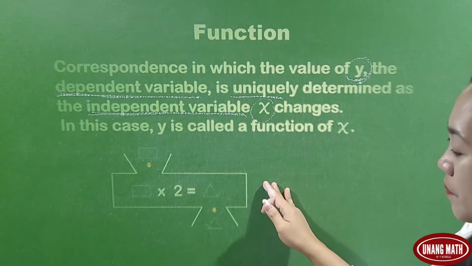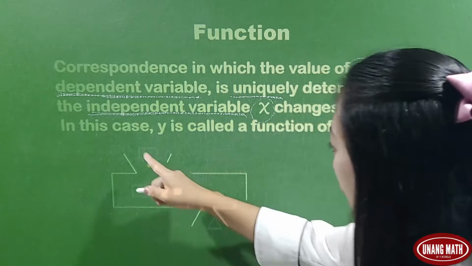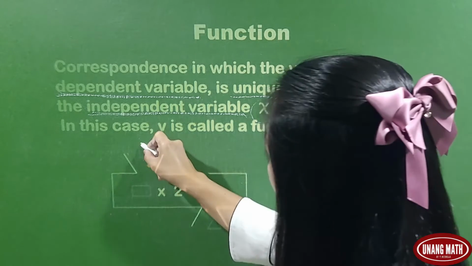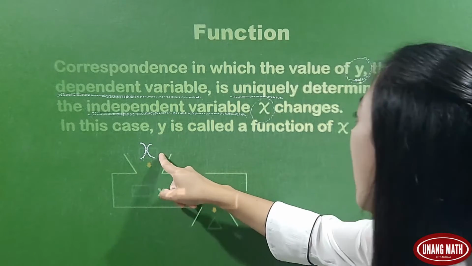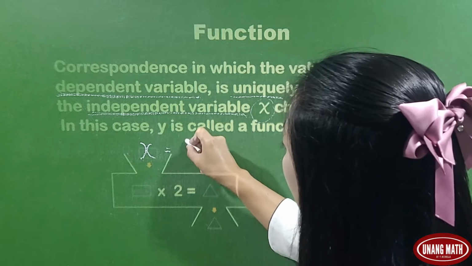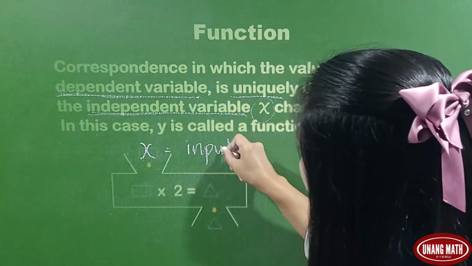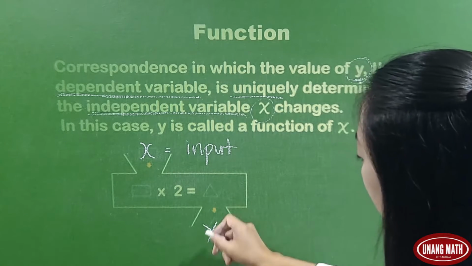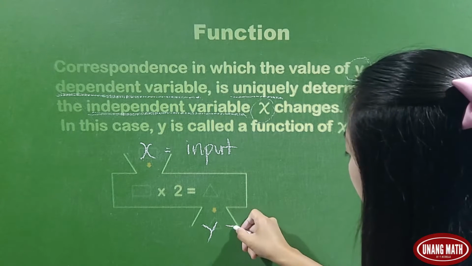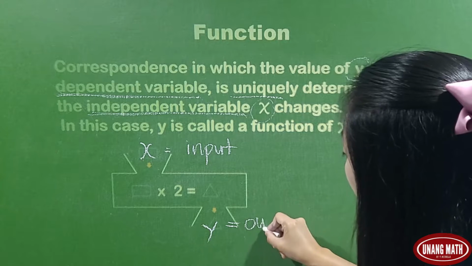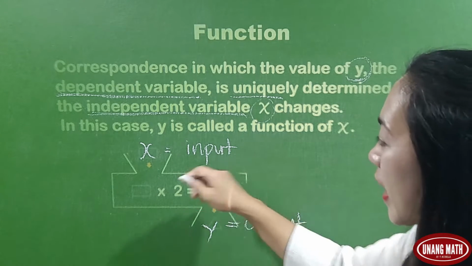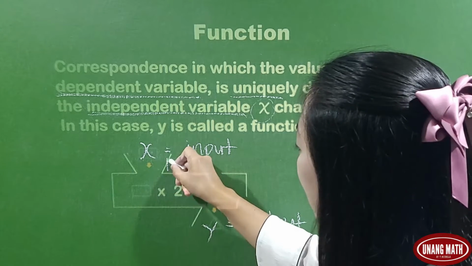This is a function machine. There's an opening here and another opening here. This is our x variable or our independent variable, and this is also called the input. Here is our y variable or our dependent variable, and this is also called the output. Let's say x is 10.